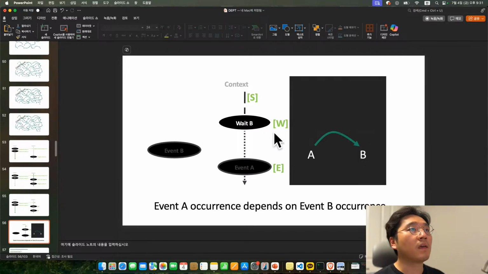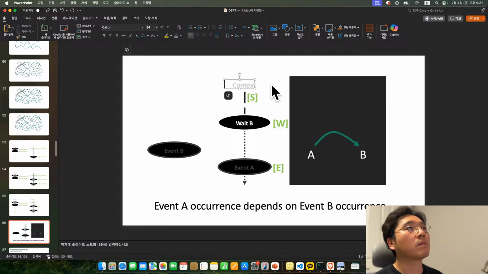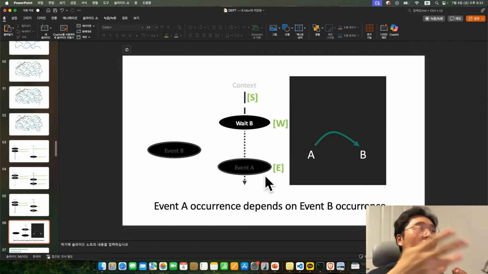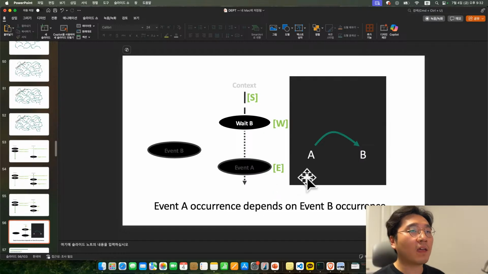So if context X is waiting for the occurrence of event B, and event A depends on the occurrence of event B, we can draw, as I said, from A to B, right?